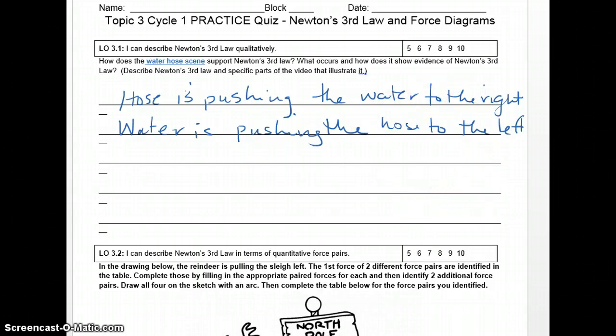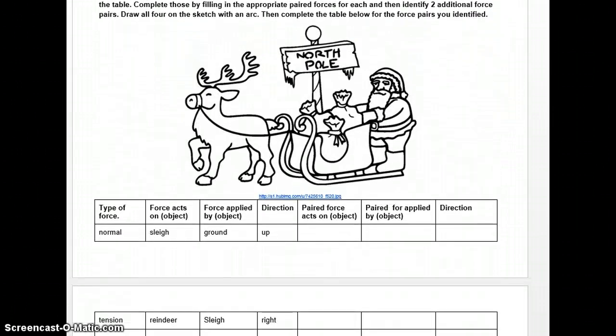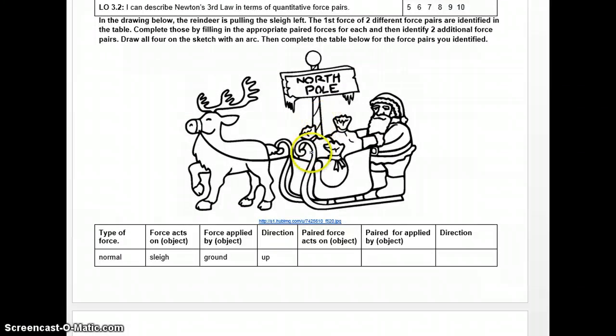So for the next question, you have Santa on the sleigh, and you're asked to create force pairs for your situation. So we have the normal force of the sleigh and the ground. We have tension force between the reindeer and the sleigh.